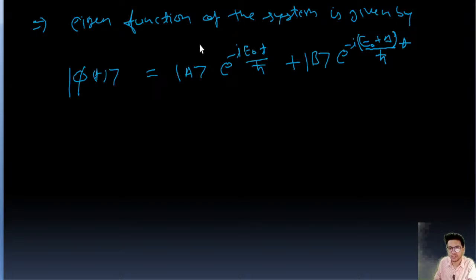So this is one. This is the eigenfunction we can write, because we have the eigenvalues E naught and E naught plus delta, right? So the eigenfunction at time t, phi of t, is ket A e to the power minus i E naught t upon h cut plus ket B e to the power minus i E naught plus delta t upon h cut.